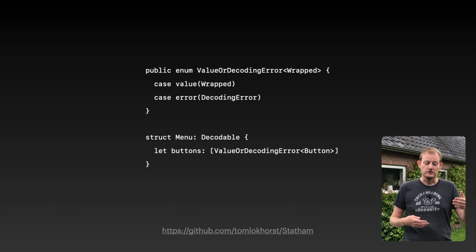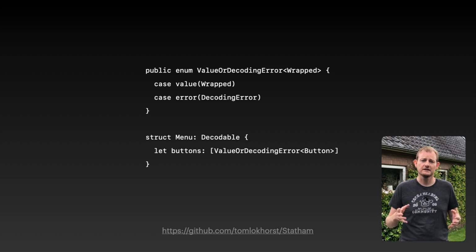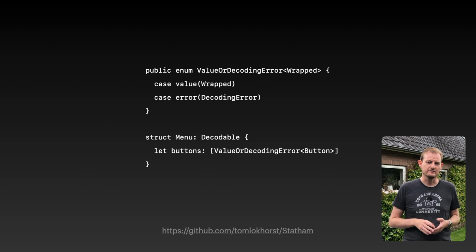If we look at it, we see 3 buttons in there and 1 decoding error. And the client can then decide what to do with that. In the case of Primephonic, what we mostly do is log the error and skip the item and still show the other 3 buttons. And in practice, that has already saved us a couple of times where someone made an error and it wasn't caught in testing.